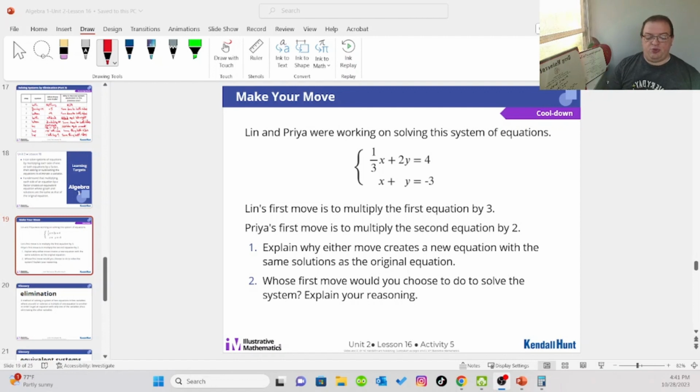If I used Priya's, then I would turn y into 2y, and I could subtract the bottom from the top. Either way is correct, but I would personally use Lynn so that I could get rid of the fraction because I want to get rid of them as early as possible.